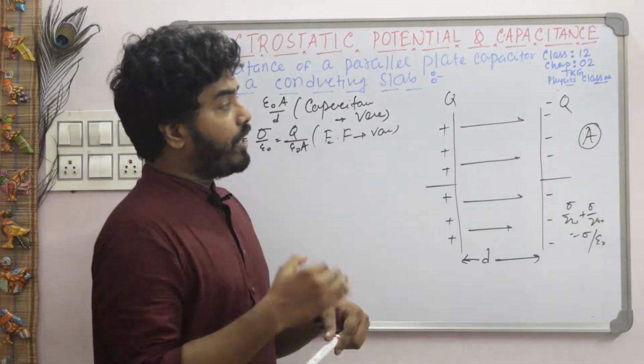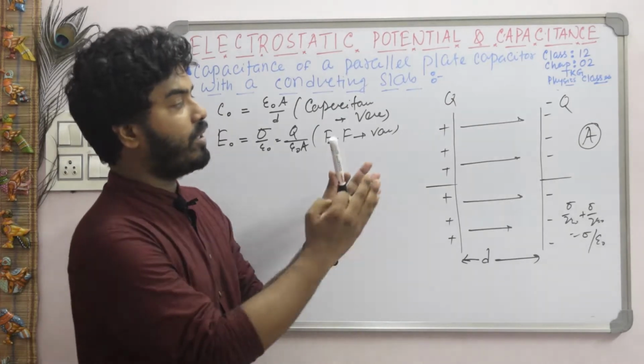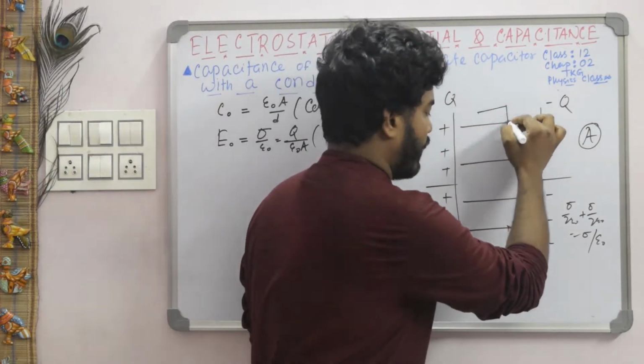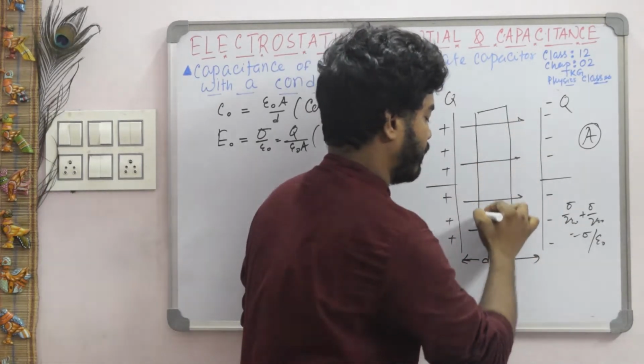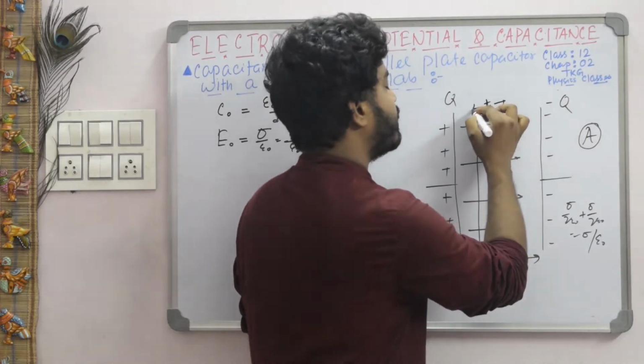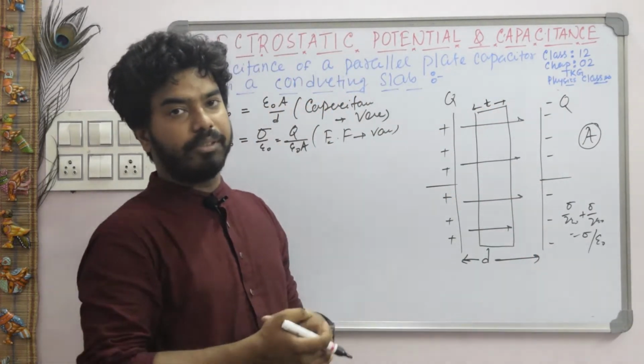Now here we introduce a conducting slab of thickness t between the parallel plates. Okay, let's introduce. Suppose there is a conducting slab of thickness t, this thickness t, and it is introduced between these two plates. What will happen?